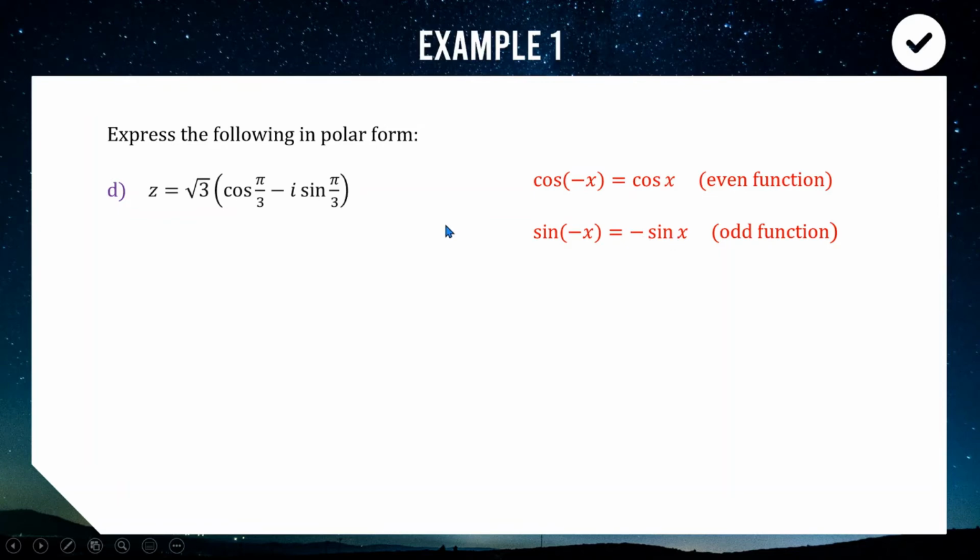All right, now we're going to do some backwards logic, and we're going to say, well, if we've got a negative right here, this expression here is technically the same thing as this. Okay, remember, if we change the angle inside the cosine to be negative, it's the same value, it's an even function. However, if we had sine of a minus angle or a negative angle, that minus sign could be pulled out the front, which would give us minus i sine pi on 3. Okay, so we're looking at this and we're looking at this and we're saying, hey, these two things are the same, because of our function properties.